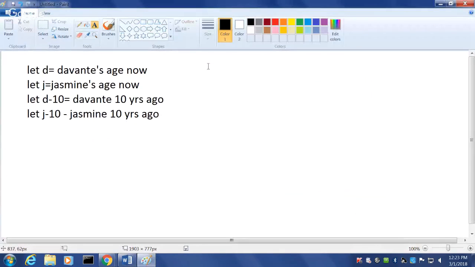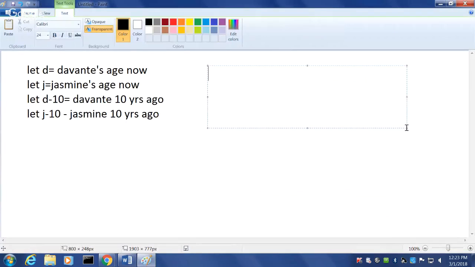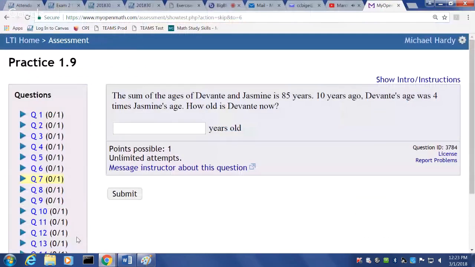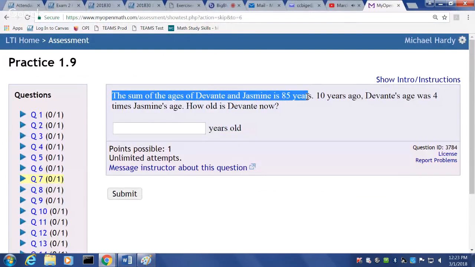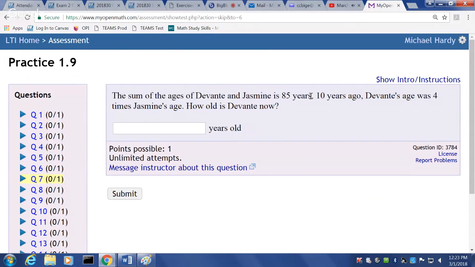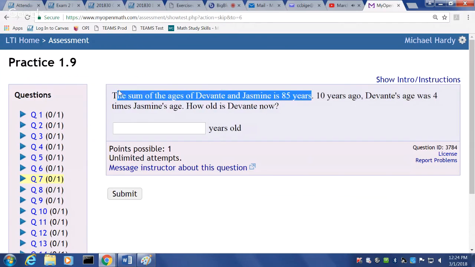Now, let's start another set here, the pair of equations we're going to set up about the D's and the J's. First thing, the sum of the ages of Devante and Jasmine is 85 years. So let's translate that into symbols. Let me copy this sentence.